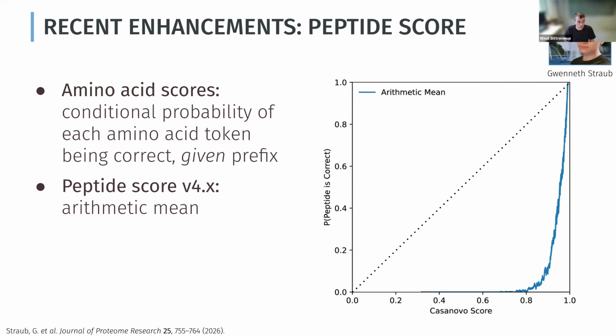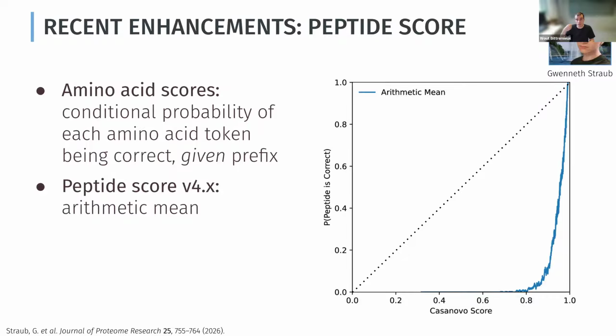And then in our most recent paper published earlier this year, we released Casanovo version 5, whereas the previous results were from last year's model version 4. In version 4, Casanovo will provide amino acid scores because it makes predictions for each amino acid at a time.